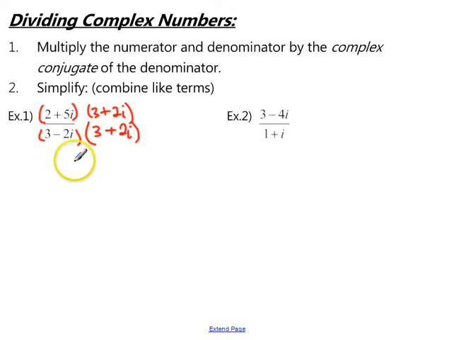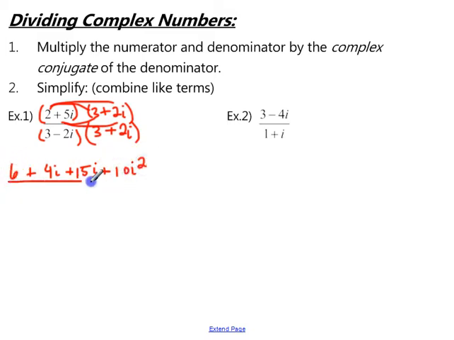So let's go ahead and FOIL the top. For the top, we're going to get 6 plus 4i, and then here we get plus 15i, and then we have plus 10i squared.